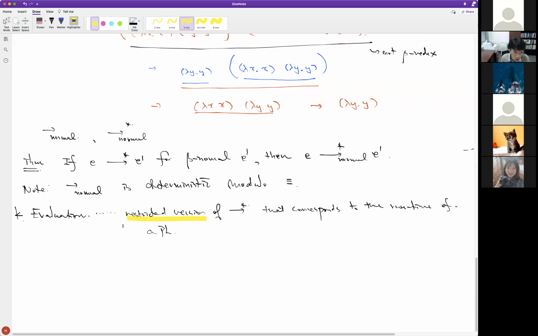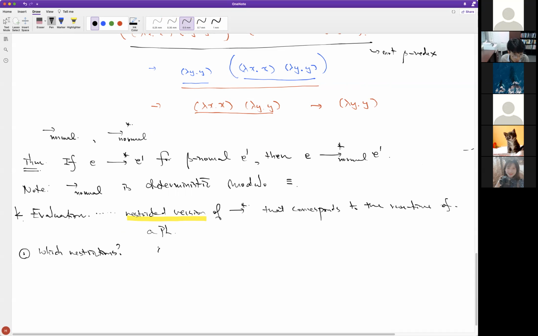But actually, in real programming languages, there are two types of restriction that happen. The first restriction is that in a programming language, we only evaluate a program that is closed.